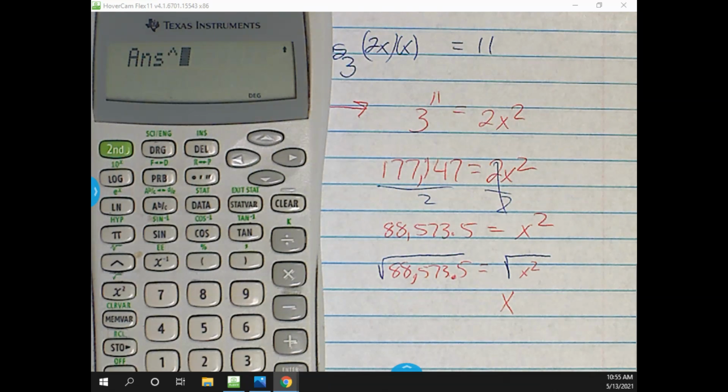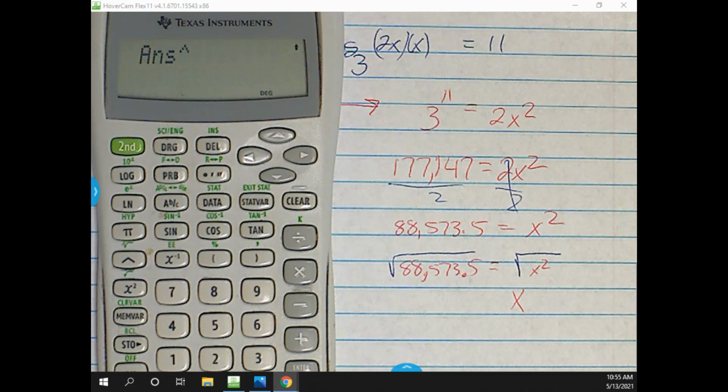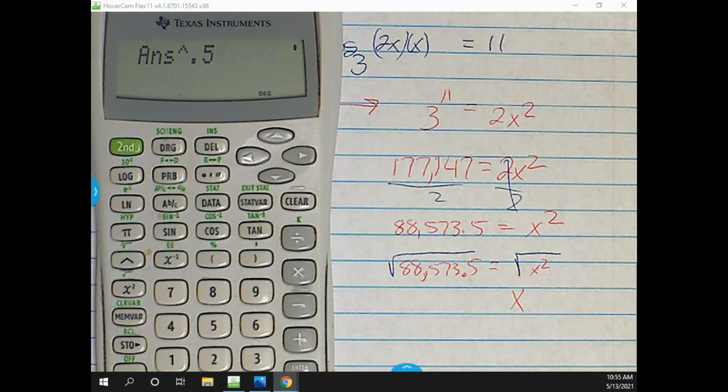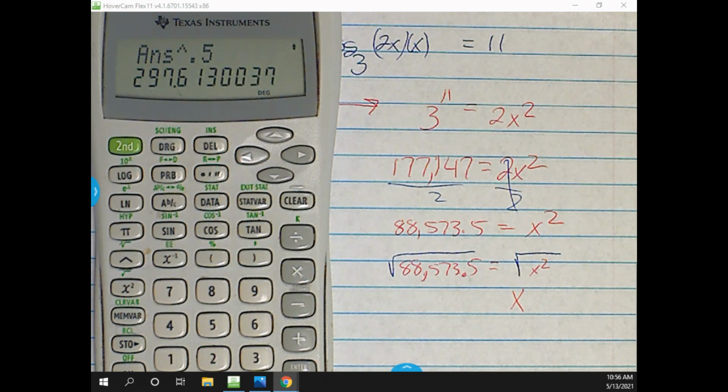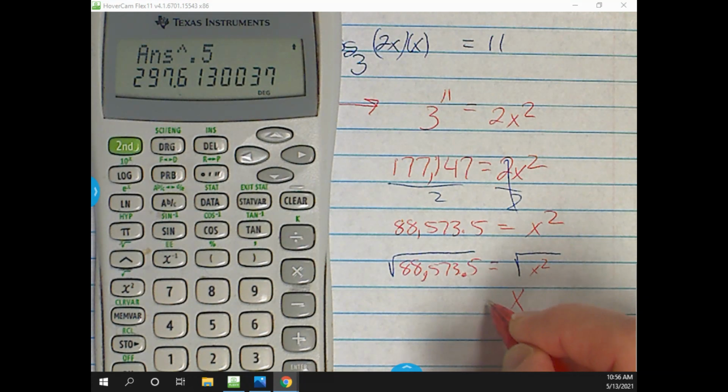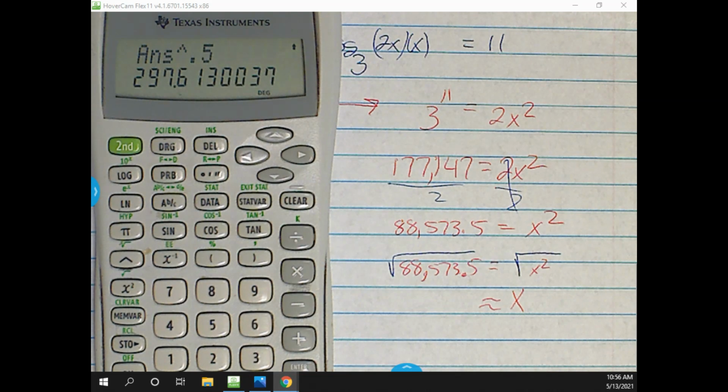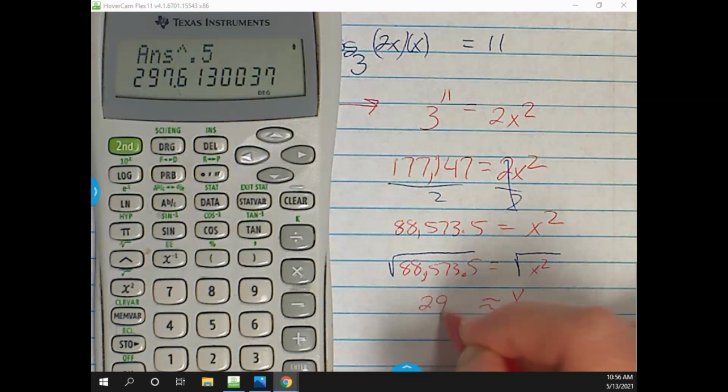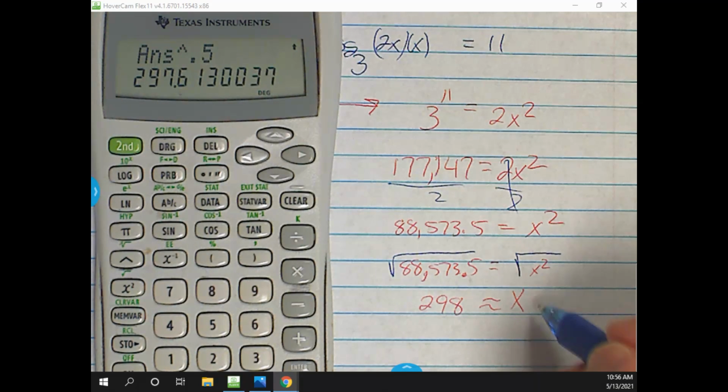If you remember that very first day we were going through those, the opposite of x squared, well, here's what we do. Just take 0.5 for the power. If you take the square root, that's the same thing as raising it to the 0.5 power. So if we just take this answer and raise it to the 0.5 power, that's going to square root it for us. And I think on all these problems, it's going to tell you to round these numbers off to the nearest whole number. So we'll say that's going to be 298 for the final answer there.